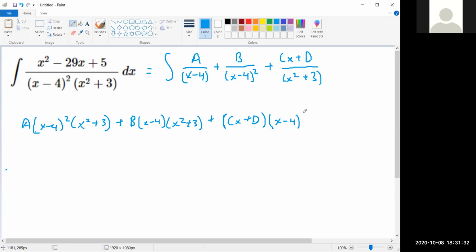Actually, you know what? Our common denominator only needs x minus 4 squared. Let's see, how can we do this? This is our common denominator right here, which means for the first fraction we don't actually need a square here, and for the second fraction we don't need this part.